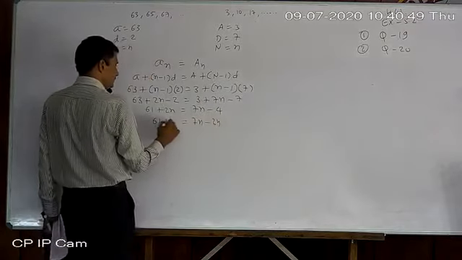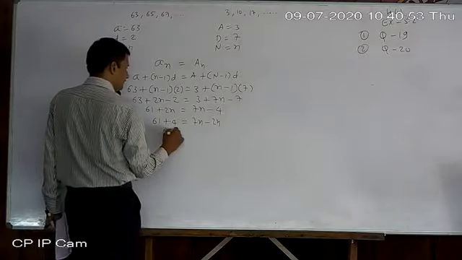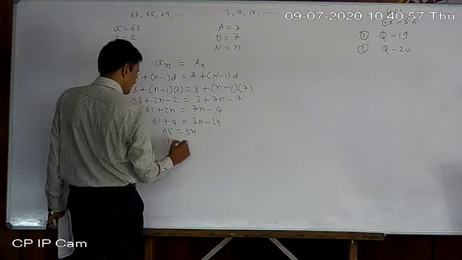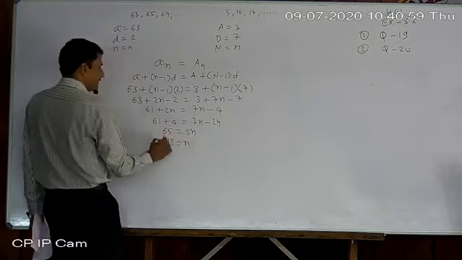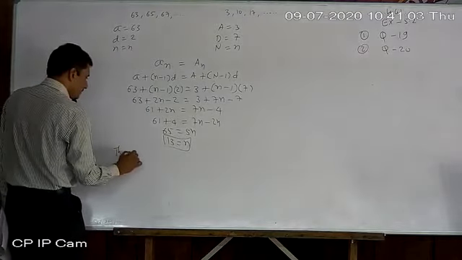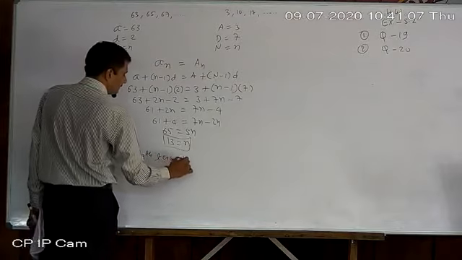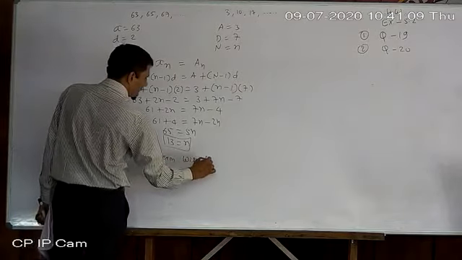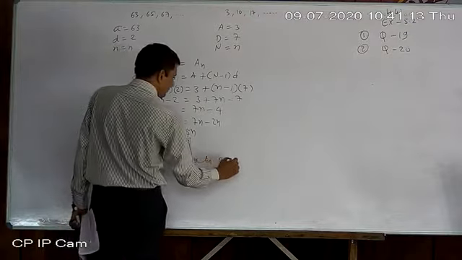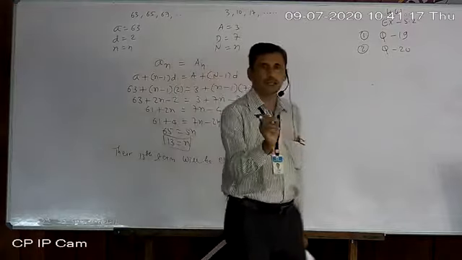So 61 plus 4, shifting rule you know, so 65 is equal to 5n. So 13 fives are 65. Okay, divide by 5. So can you write now? The 13th terms will be equal. Okay, both will be equal at the 13th term.